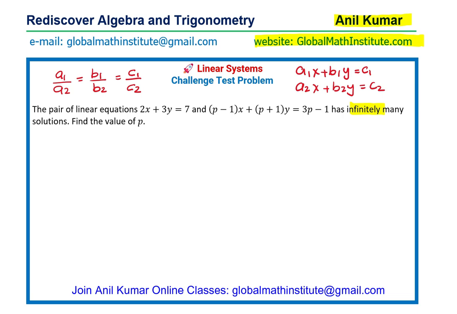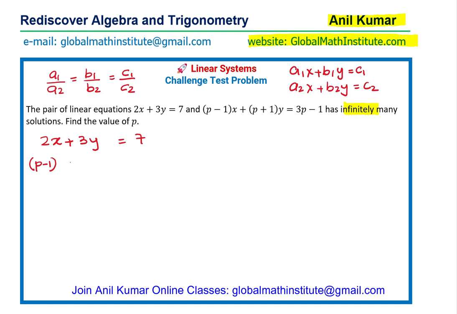In our case, the equations are 2x + 3y = 7 and (p - 1)x + (p + 1)y = 3p - 1.